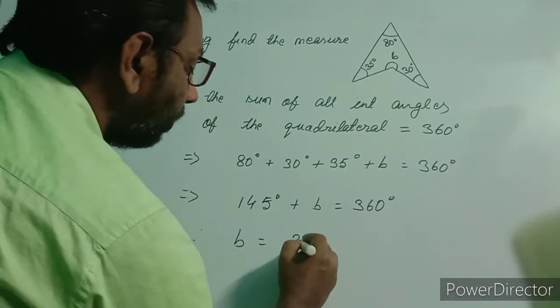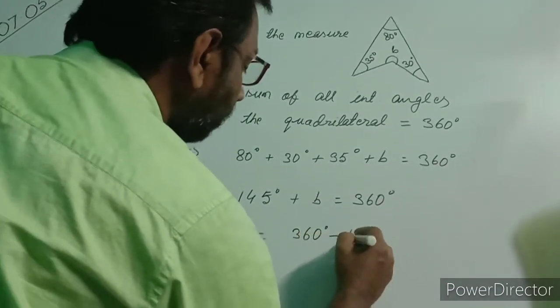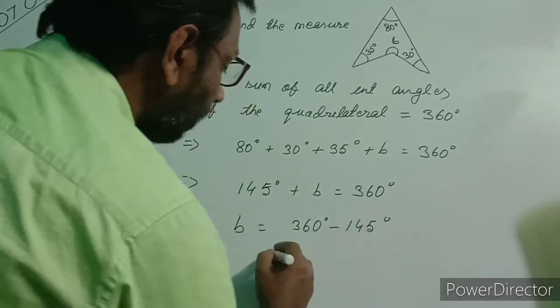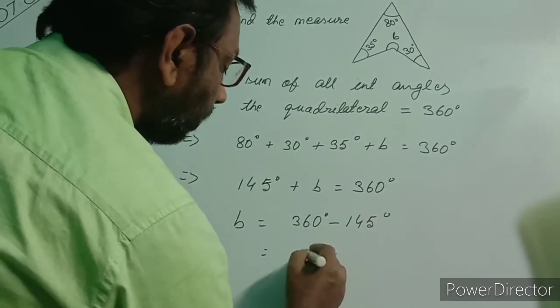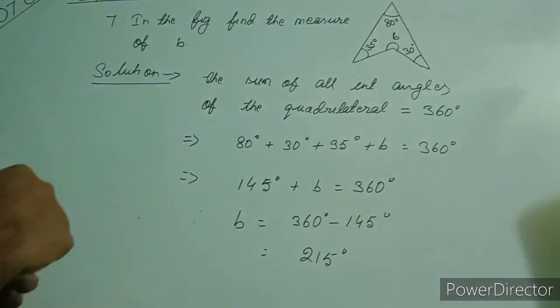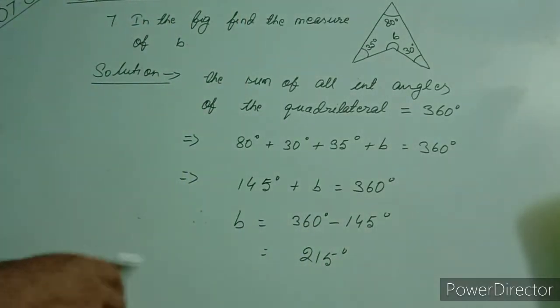Therefore, B equal to 360 degrees minus 145 degrees equal to 215 degrees. This is the value of B.